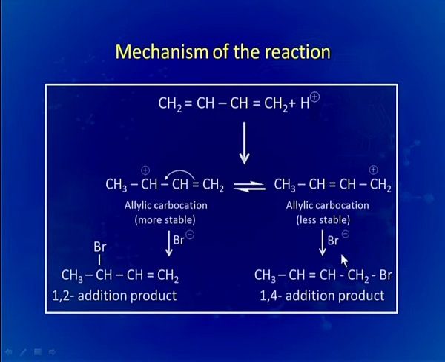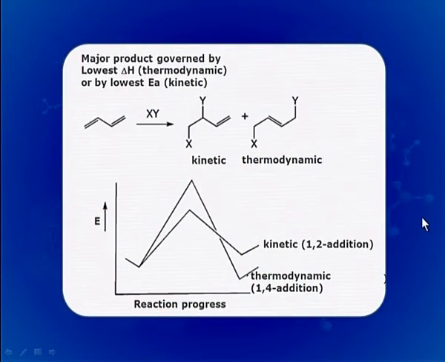But at high temperature, when the energy of activation can be obtained, we can further understand with the help of this diagram. Here we can see this is the conjugated diene. This is attacked by HBr or HCl, any unsymmetrical reagent, and we get the 1,2 addition product, the kinetic one, and the 1,4 addition product, the thermodynamic one.